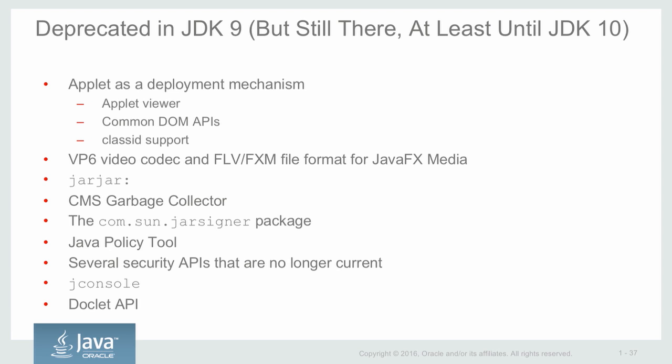So these are the things that have already been broken and are disabled by default, right? We're deprecating JConsole and the Doclet API. These will remain available in JDK 9. They will continue to work. If you happen to be a customer, they are supported, so you can file a support ticket against them. They're just being marked as deprecated with a view to removing them in a future version.